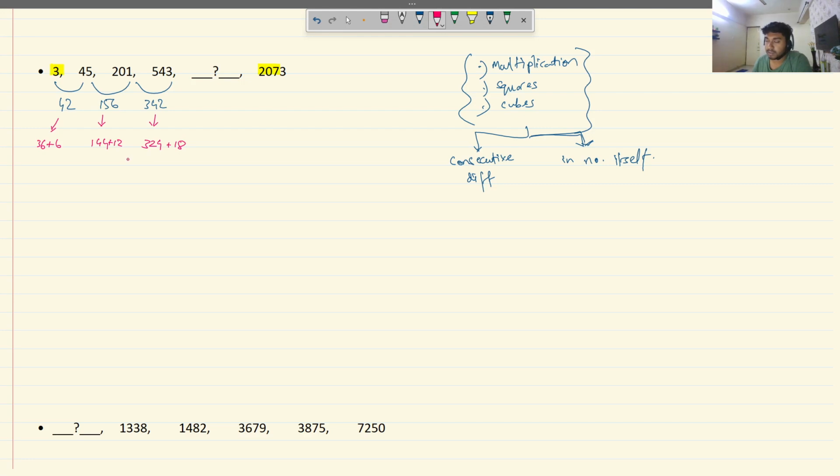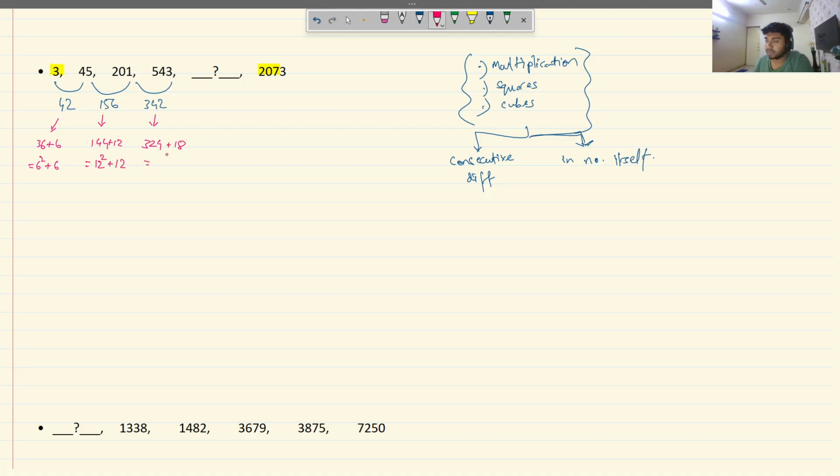So I am seeing a pattern: perfect squares 36, 144, 324, and addition with multiples of 6. And these perfect squares are also of multiples of 6. For example, 36 is 6 square, plus 6. 144 is 12 square, plus 12.